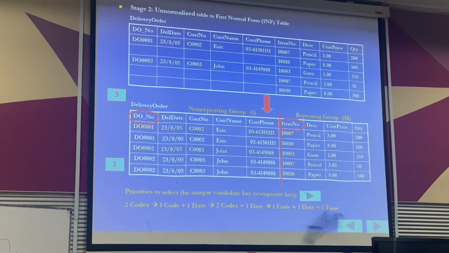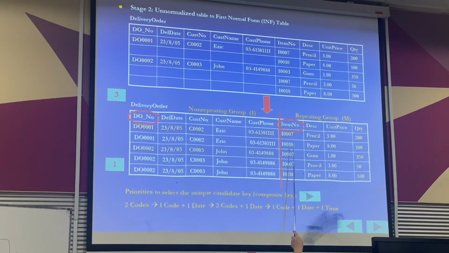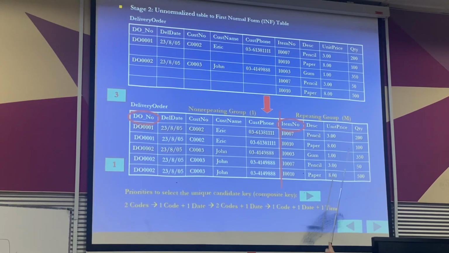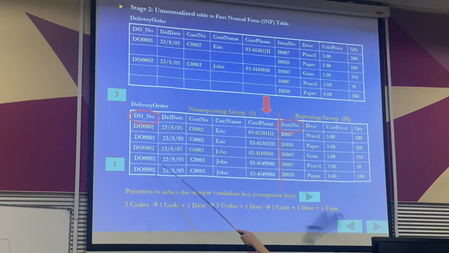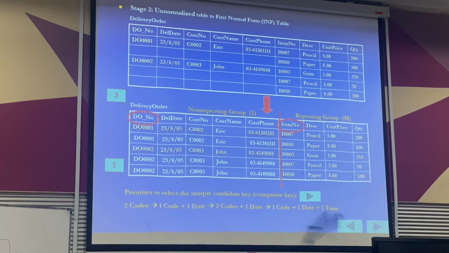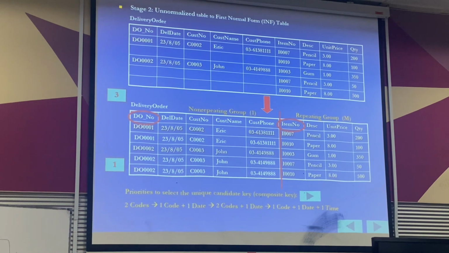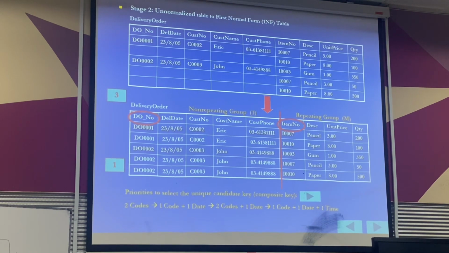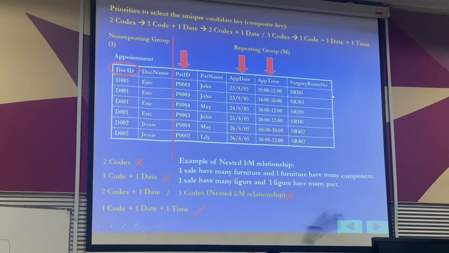So another meaning is that these two are based on this. We call it partial dependency. Why? These two only depend on this, not on others. So our partial dependency here is description and unit price depending on item number. Okay? So your second normal form becomes like this.